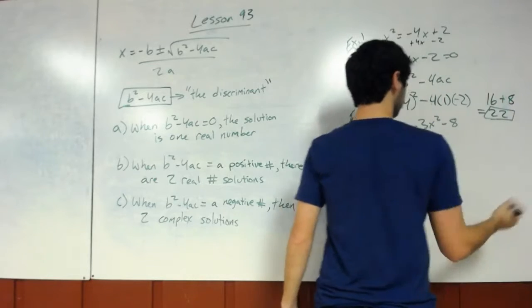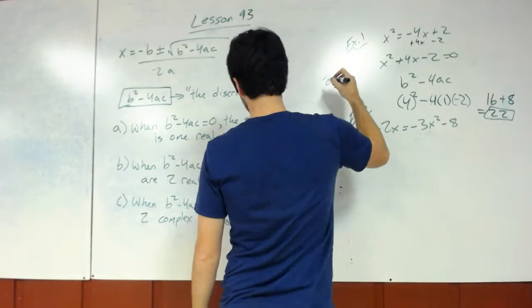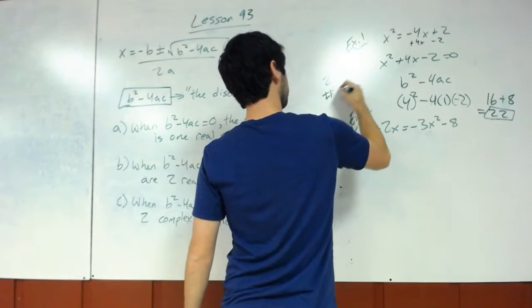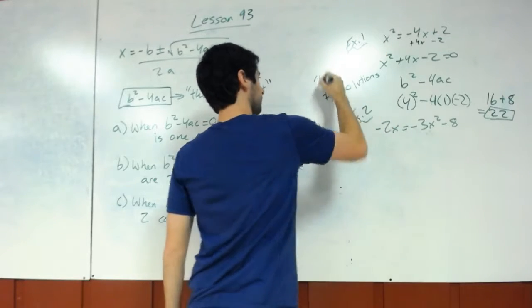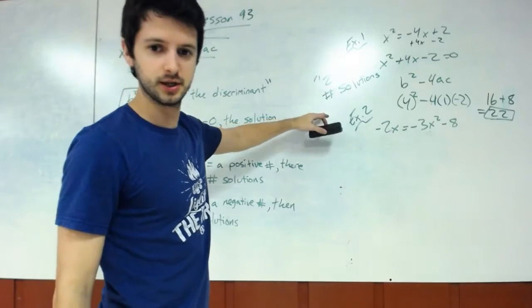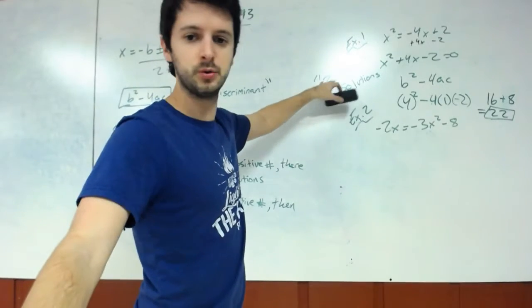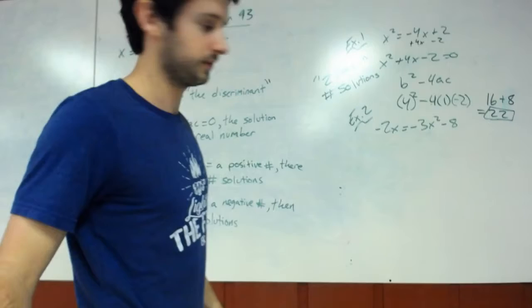So therefore, how we would write our answer for example 1 is two real number solutions. Okay? So we'd say 24 is the discriminant. All I wrote is two real number solutions. That would be part B.